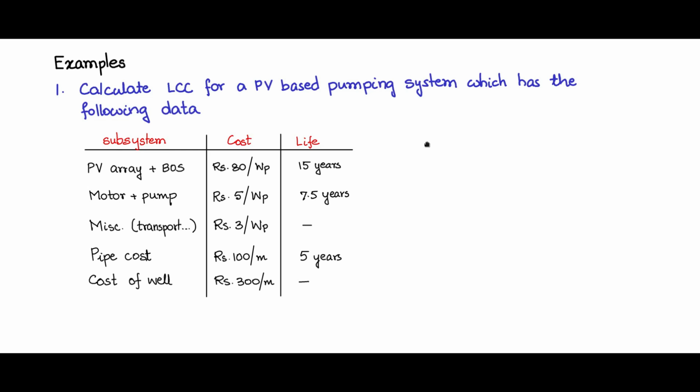Let us specify the system. The PV array rating is 500 watt peak. The pipe length is 30 meters. The well depth, the depth to which the well is dug out, is 10 meters.